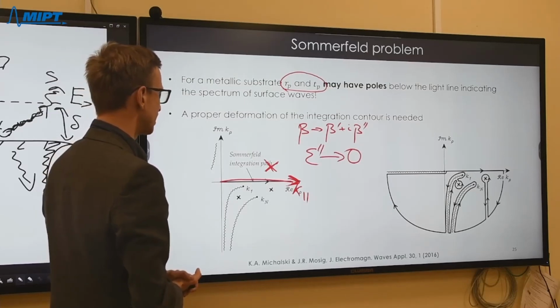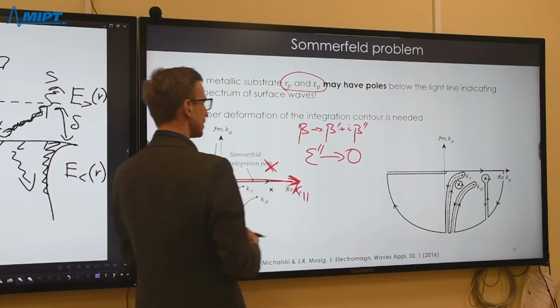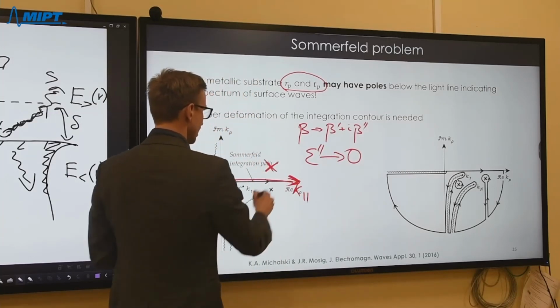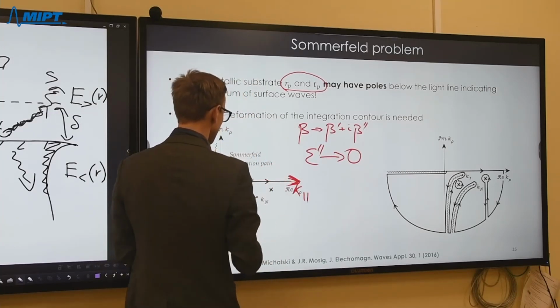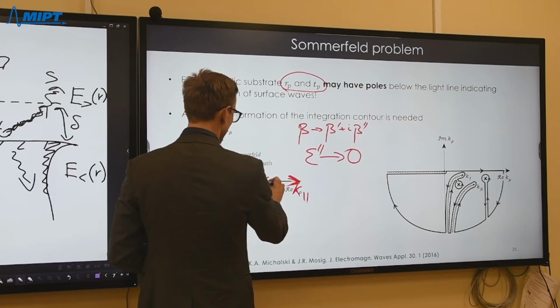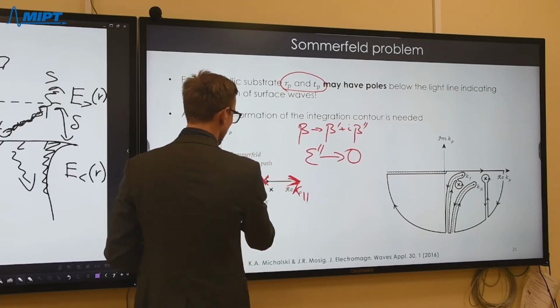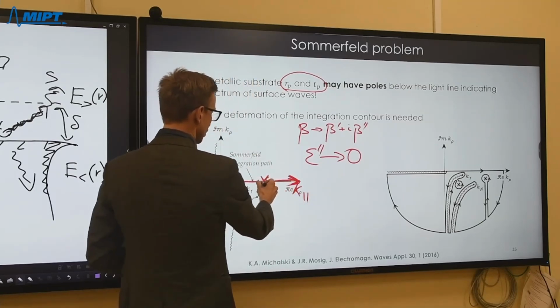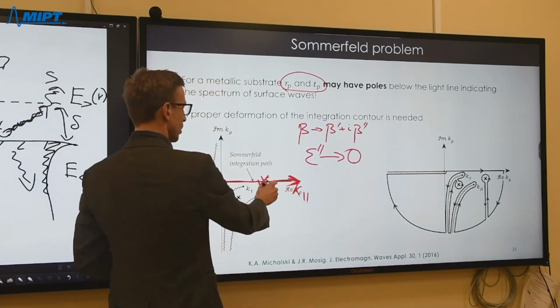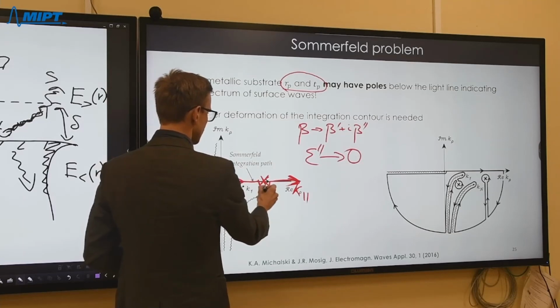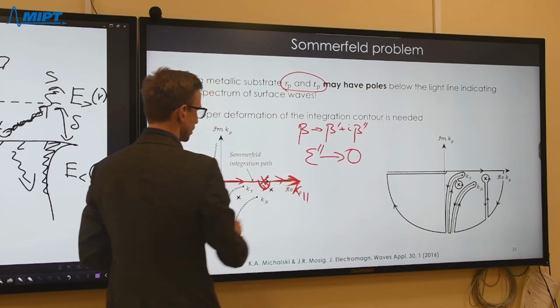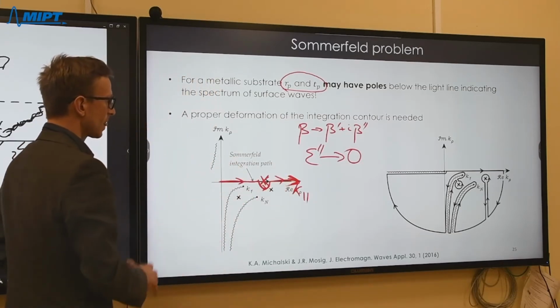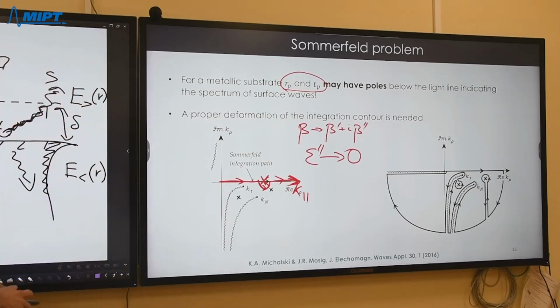That means that we can, in principle, avoid adding dissipation, and instead have a pole on the real axis, and deform the integration contour by going along a small semicircle just below the pole. This will be our deformed integration contour. And by going in this way, we should be able to perform the integration and obtain the physically correct answer.